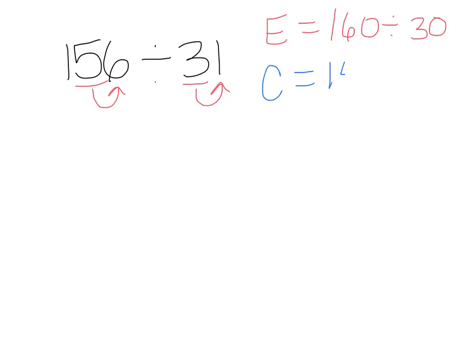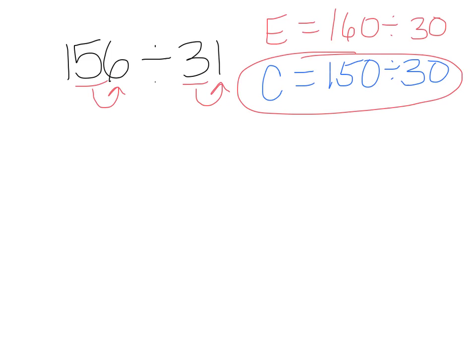And if we're working compatibly, 156, well, I know I can work with 150 real well. And I know that I can work with a 30 because I know that 3 goes into 15, and 15 can be divided by 3. So when you're working with this one, use my cross-out method. There's a 0 on both sides.